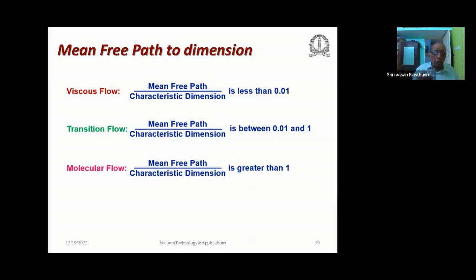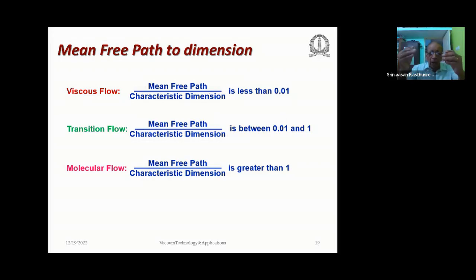So now, how do you define this? Suppose I have a container, then you can think of some distance between the walls of the container. The mean free path divided by the distance between the walls of the container, which you can call the characteristic dimension. Okay. If this value is less than 0.01, then you call it viscous flow.